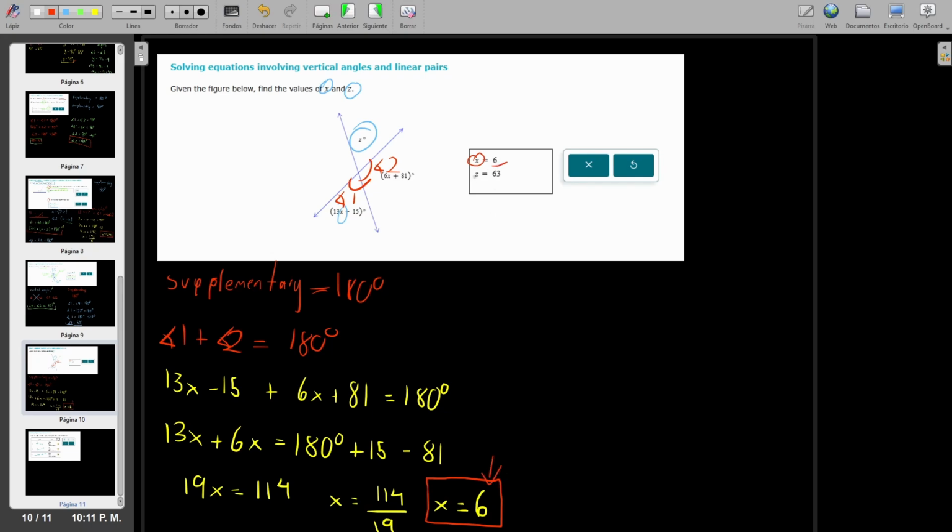Now they're asking to find the value of c. We can do it two ways.